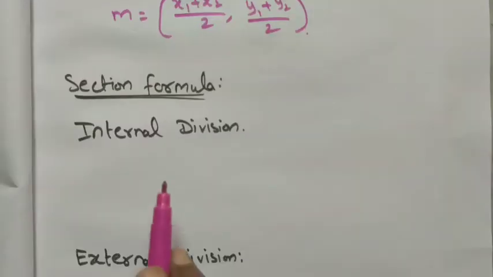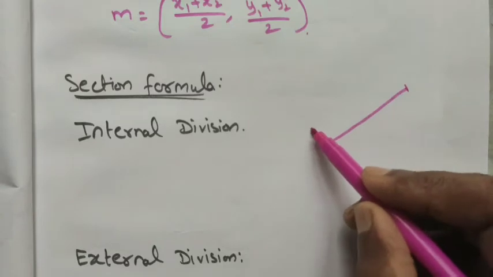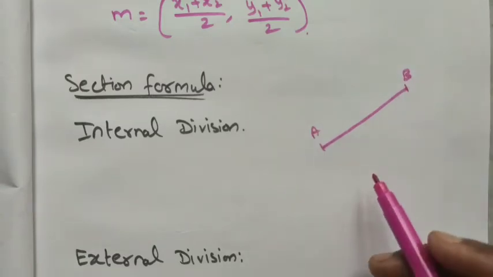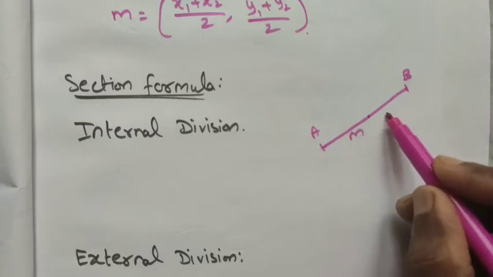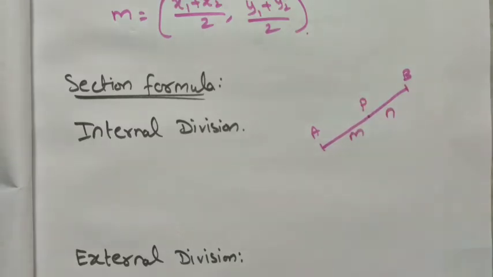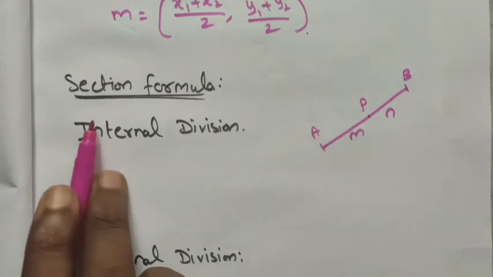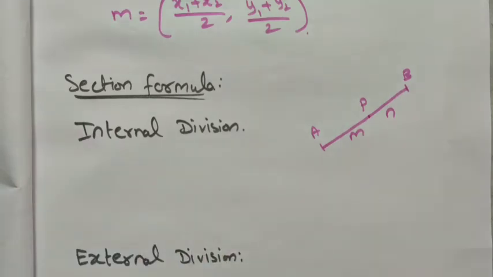Next we see the section formula, internally and externally. If the line AB, this is A, this is B, is divided at P in the ratio M is to N, that is the internal division.